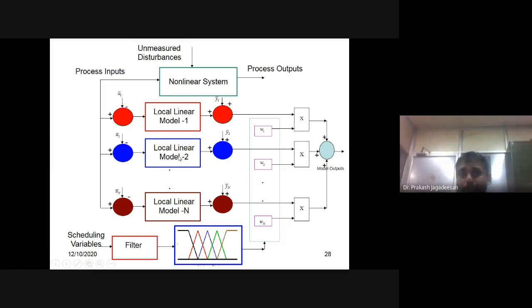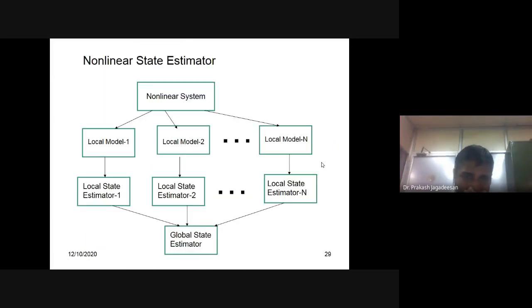So again, the model structure need not be homogeneous, it can be heterogeneous. You can use neural networks, fuzzy logic, conventional models, and on top of that, I'm assigning weights to each model and combining them. That's the power of this technique.